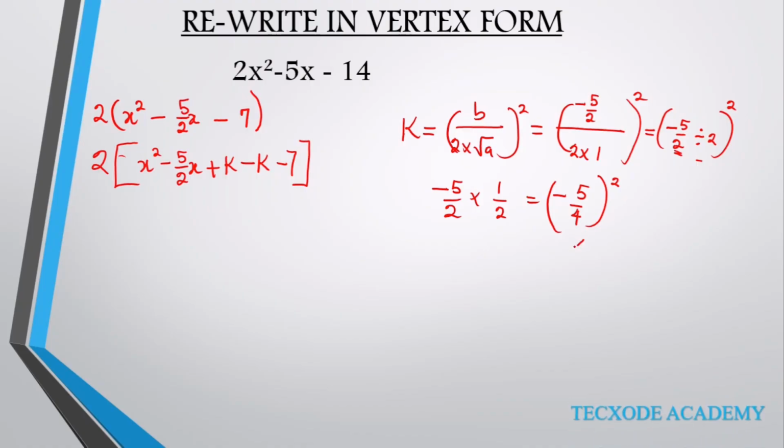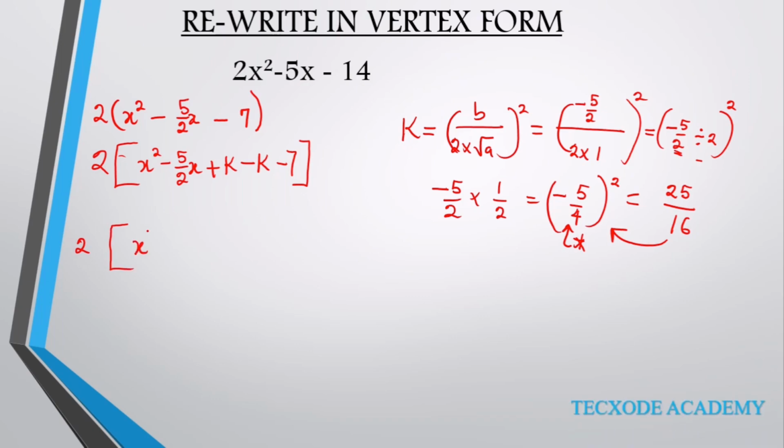So we need to take note of this level as we always do. So it becomes 25 over 16. So 25 over 16 is gotten from negative 5 over 4 squared. Now back to the question, we're going to have 2 into a big bracket, x squared minus 5 over 2x, now plus k, and what is that k?